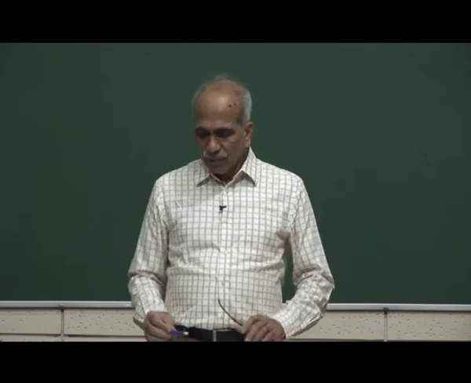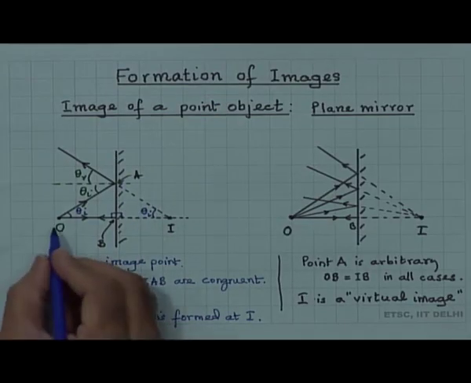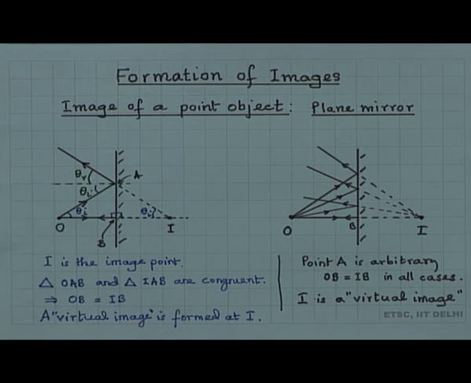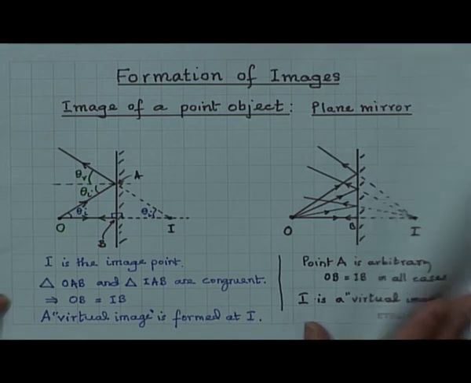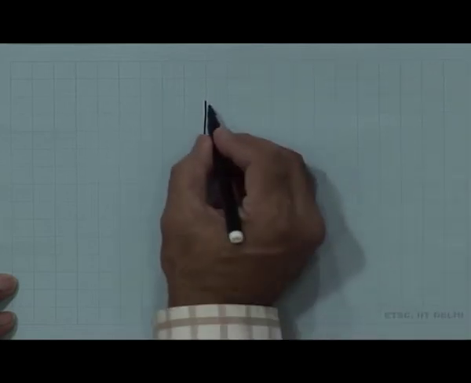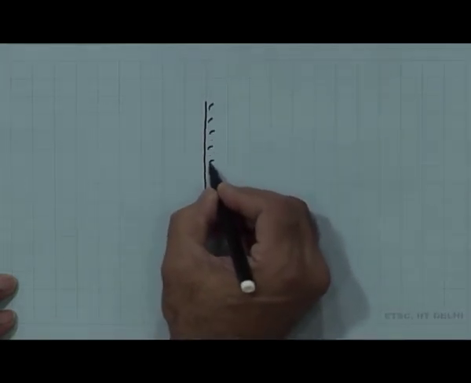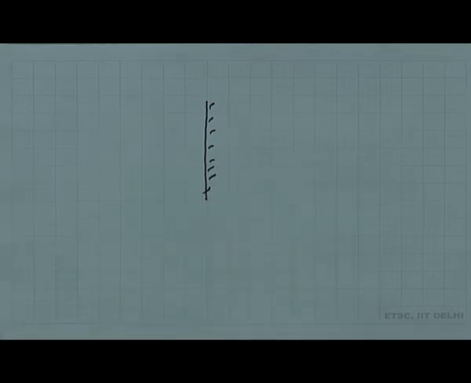To begin with, we start with a plane mirror and a point object. So, here O is a point object. If we want to discuss image formation, let us say there is a mirror here. Let me draw this here, and then I will put the pre-drawn figure.